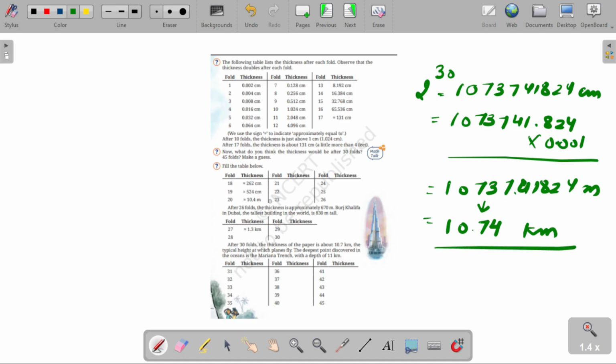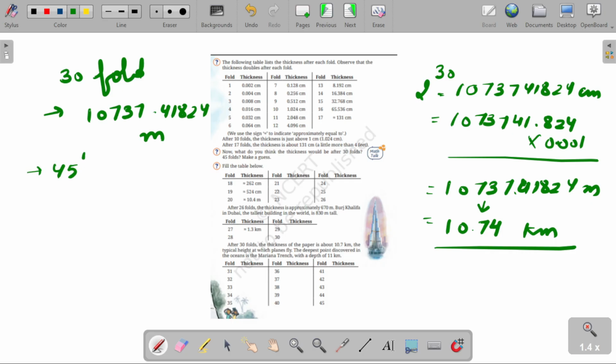So at the 30th fold, the value of this will be 10,737.41824 meters, and at the 45th fold it will be more than that.